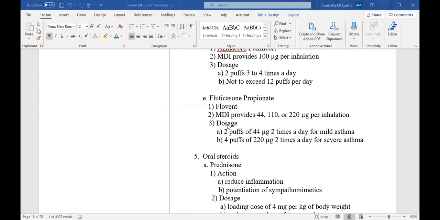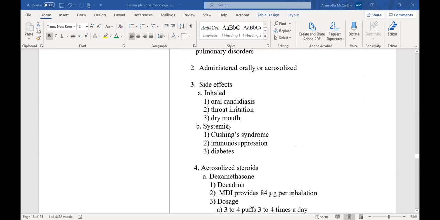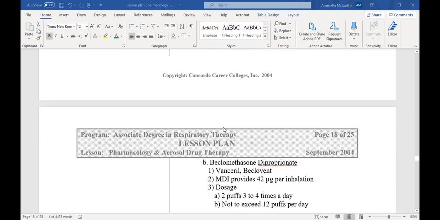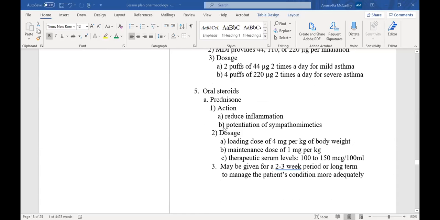You learned the anticholinergic category, and you learned the corticosteroid category, okay? And the corticosteroid, of course, has inhaled and systemic, right? You learned the aerosol or inhaled corticosteroids. And then I told you the last one, which is the only oral, is prednisone.